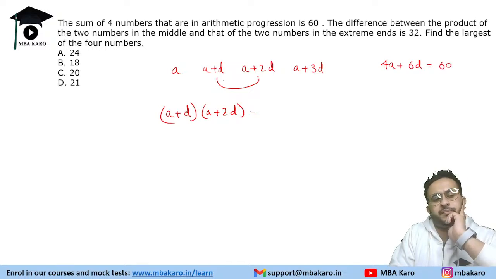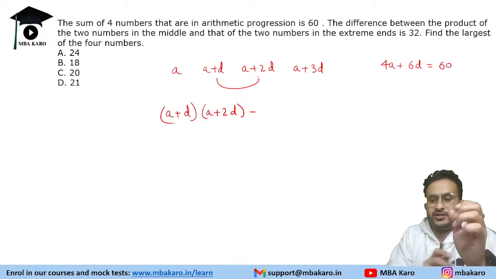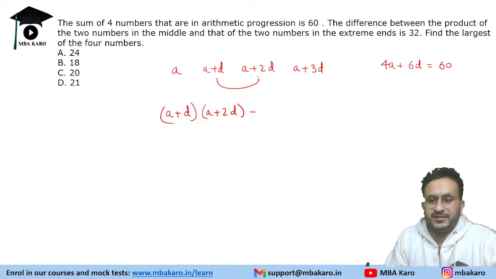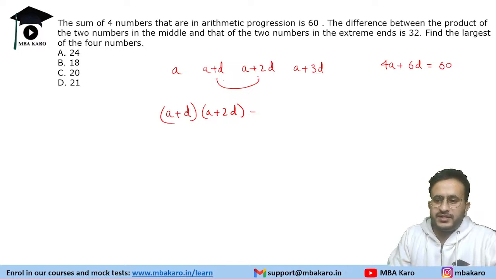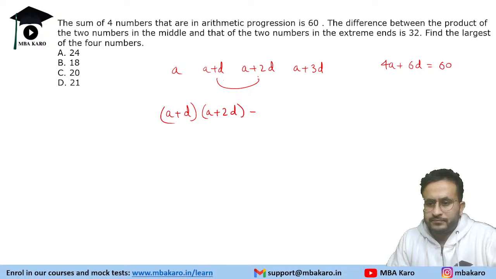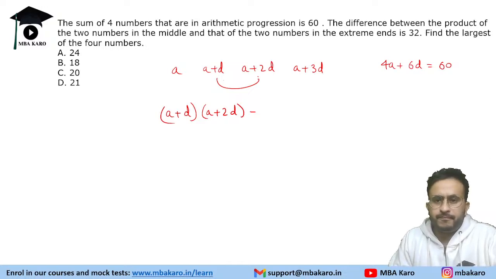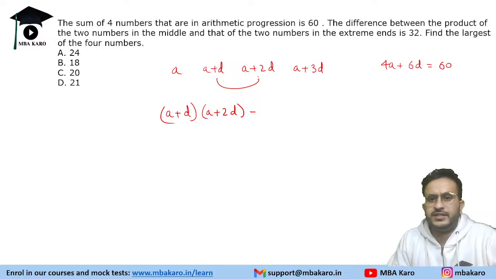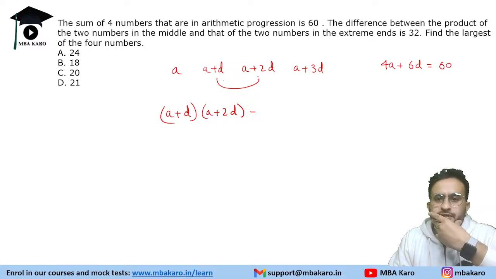Or we can do it in a better way. वैसे बेस्ट तरीका तो इसमें ये होगा कि ऑप्शंस पुट करके हो सकता है. Sum of four numbers is 60. One best way would be the options way.